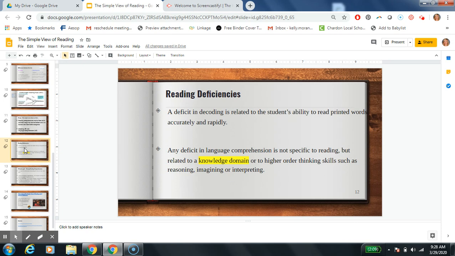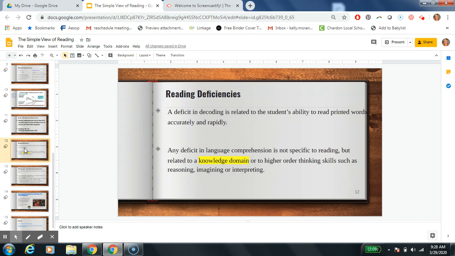A deficit in reading can be placed into one of three categories, and this is very specifically addressed in Ohio's plan to raise literacy achievement. So a reading deficit in decoding would be related to the student's ability to read the printed words accurately and rapidly.